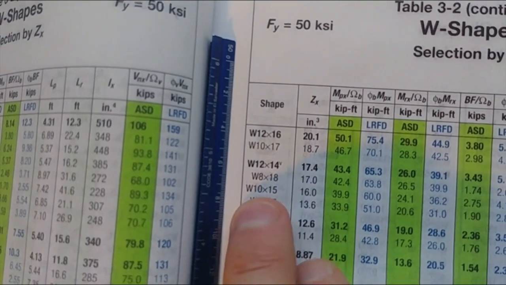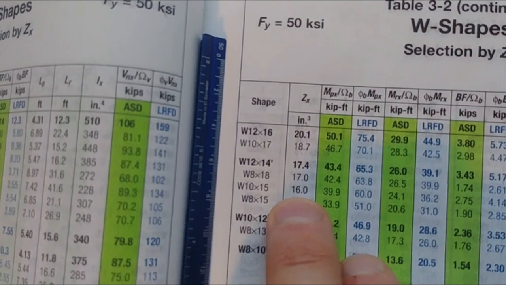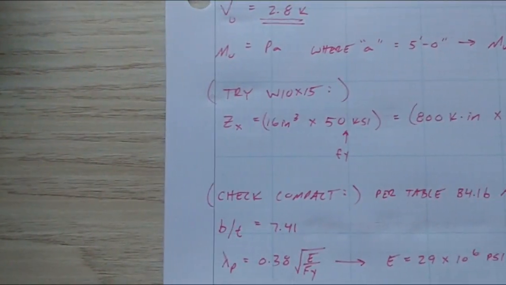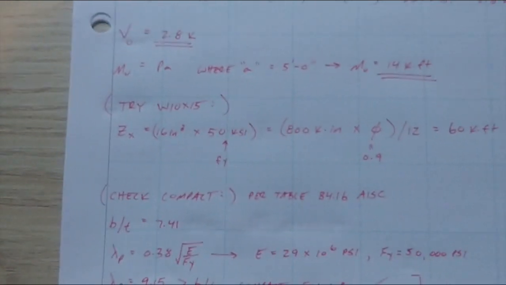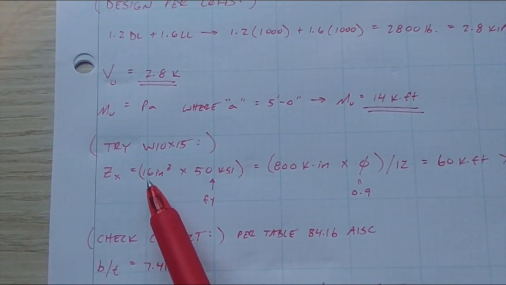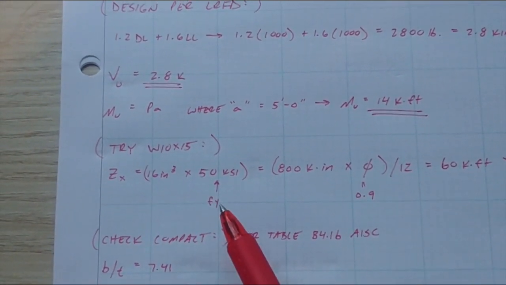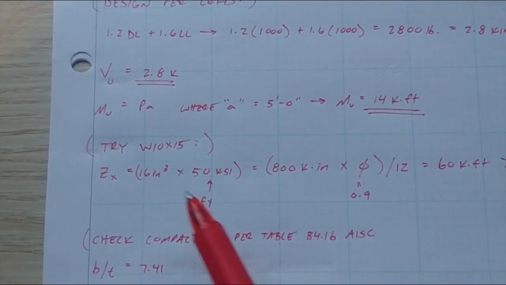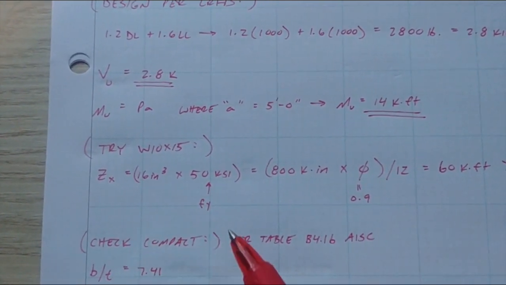So if we pop here, W10 by 15, your ZX is 16 inches cubed. So your yield strength is 16 inches cubed times your Fy. So ZX times Fy, where ZX is your plastic section modulus.